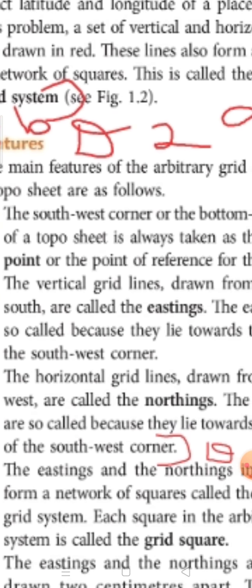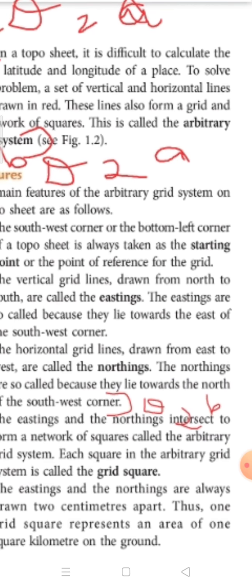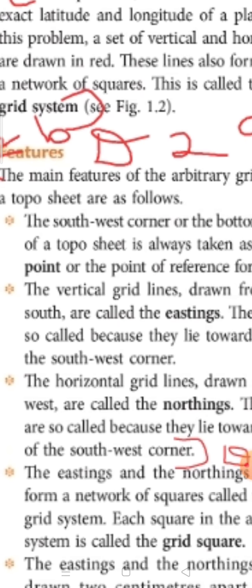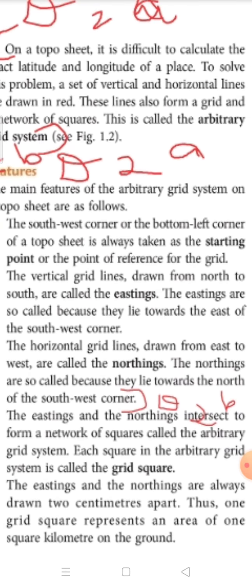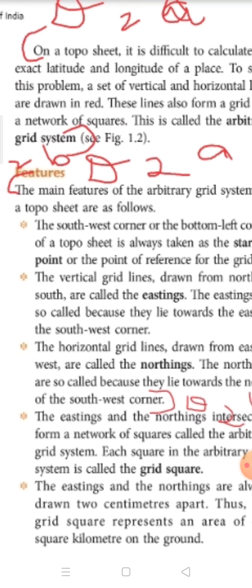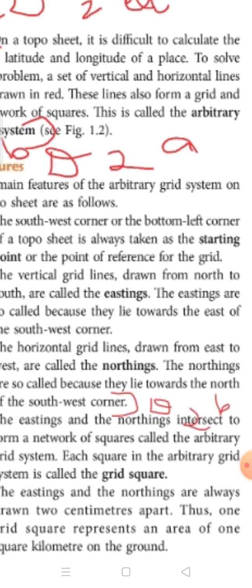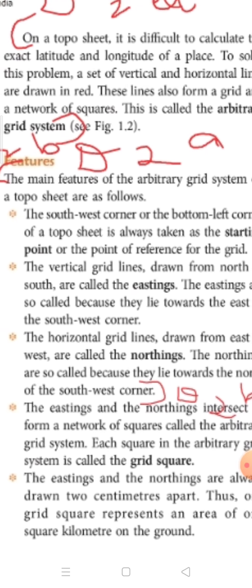The southwest corner or the bottom left corner of a topo sheet is always taken as the starting point or the point of reference for the grid.